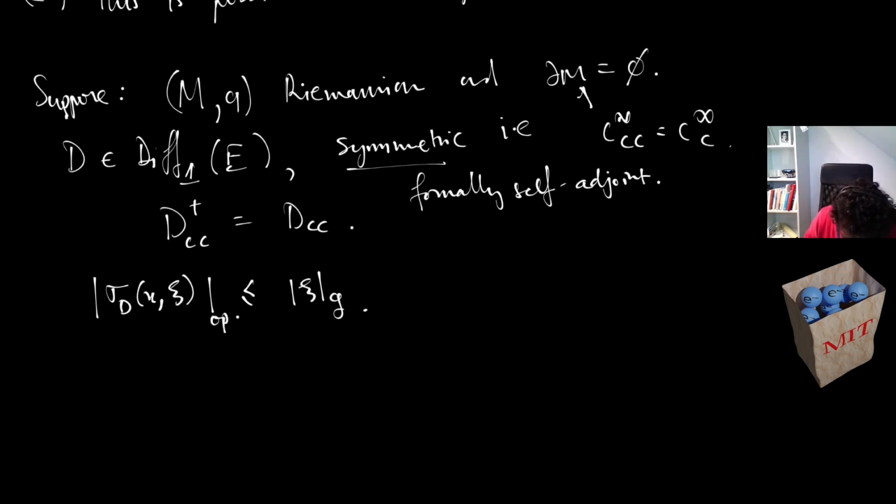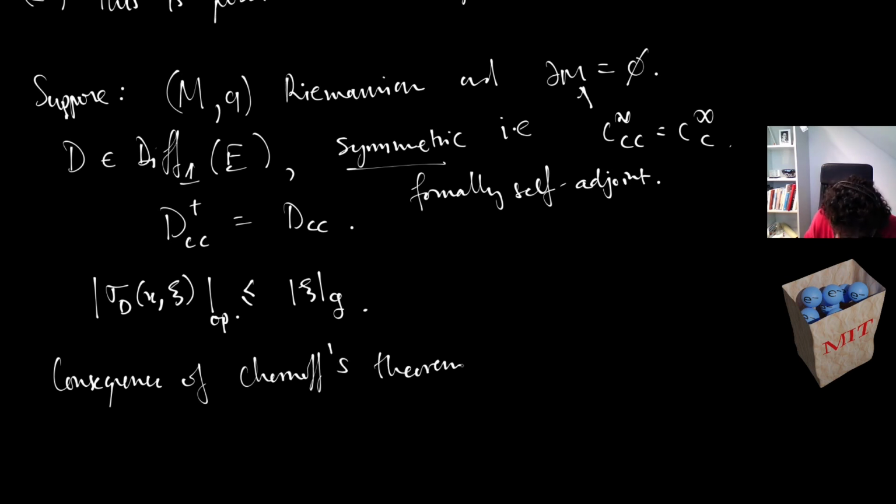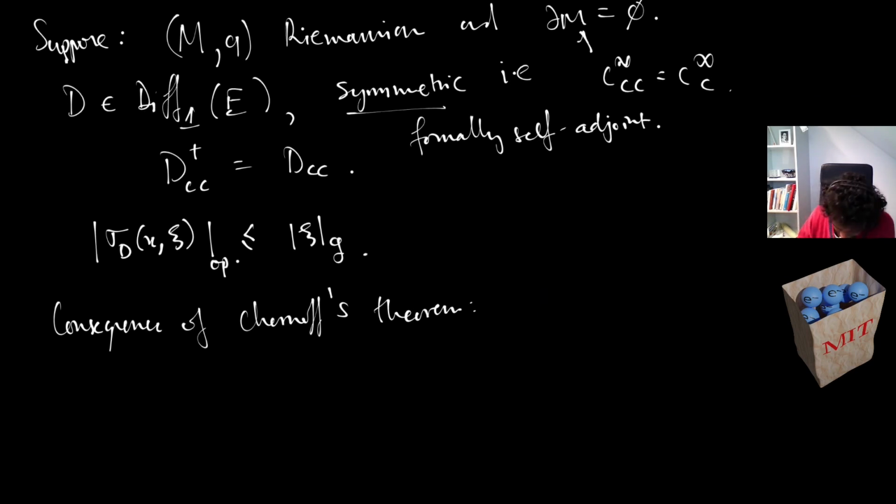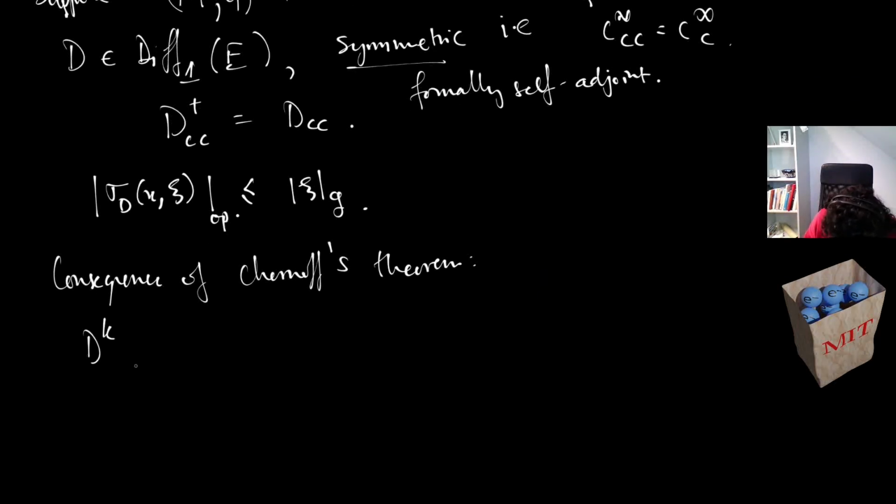So in this case, a consequence of Chernoff's theorem is that D to the power of K is essentially self-adjoint.